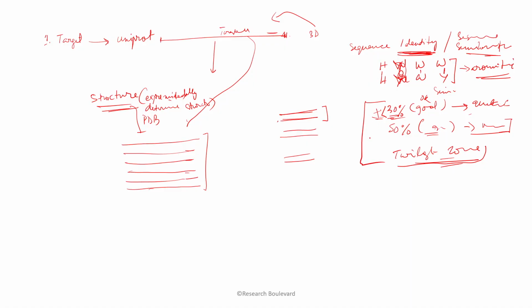But you have to again have a concept called coverage. So what does this coverage mean? When you are searching the sequence of your target against the database sequences, let's take an example for this first sequence.